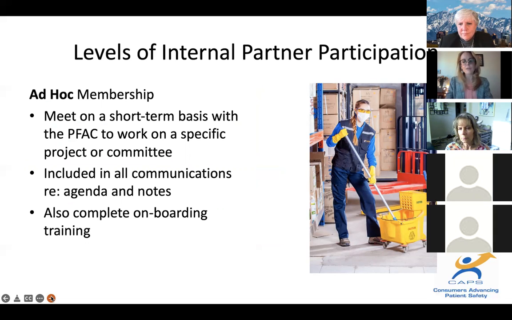We also have a board of trustee member that is not only an advisor, but they also serve on the board of trustees. So they kind of have that dual role. We have hospitalists, we have members from environmental services, extremely, extremely important. Food services, another department that I was surprised at how much we've interacted with them.